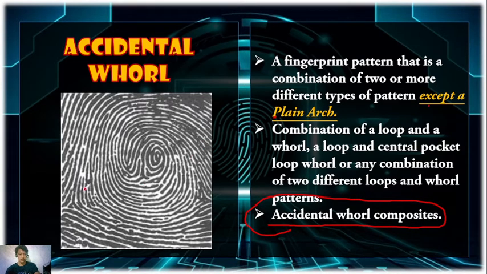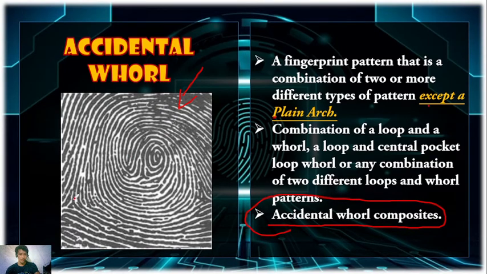Okay, so as you can see in here, bakit ito nasabi, or yung illustration natin, bakit natin nasabi na ito ay accidental whirl? Okay, makikita nyo, it is a combination of a whirl and it might be a loop. Okay, or if not, this is not considered to be a loop, then it might be a tented arch. Okay, but looking at it, we can say that it is a loop formation.